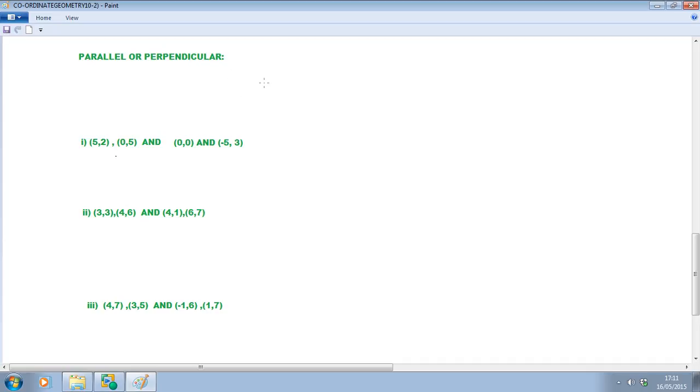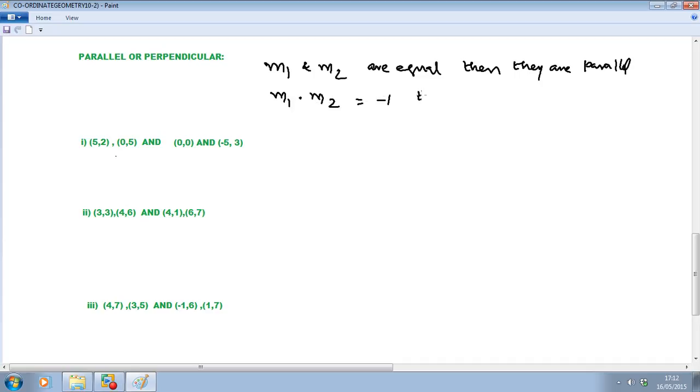If m1 and m2, that is the slope of the first line and second line, are equal, then they are parallel. If m1 multiplied by m2 is equal to minus 1, then the two lines are perpendicular.